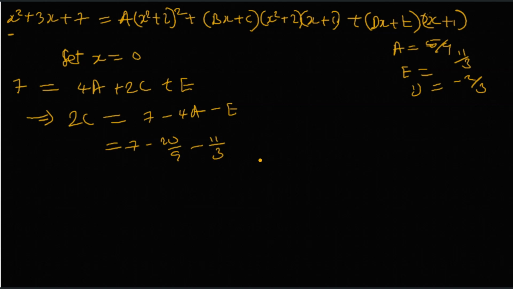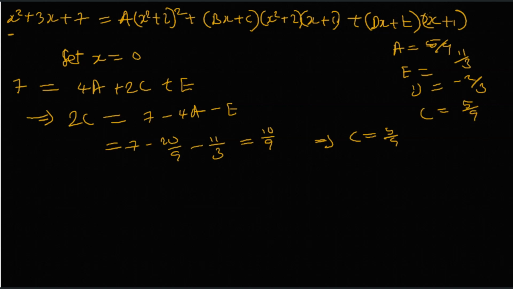So everything adds up to 10 over 9. That means C itself would be 5 over 9. So we have a new member in the family, C being equal to 5 over 9.